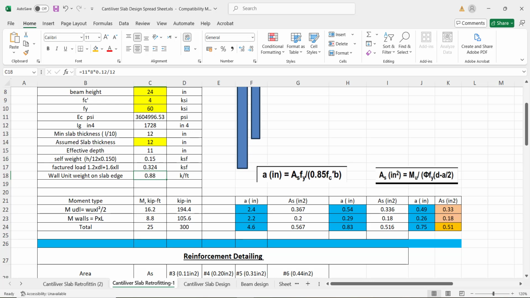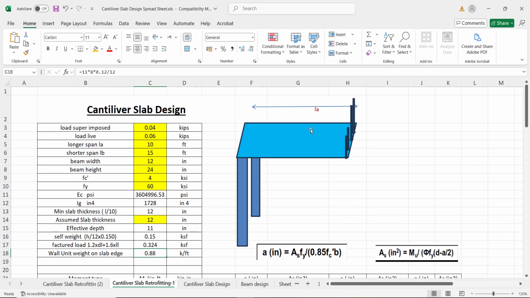So the moments due to this factored load, like the UDL or uniformly distributed load, will be calculated, and then the moment due to this edge wall point load will be calculated.